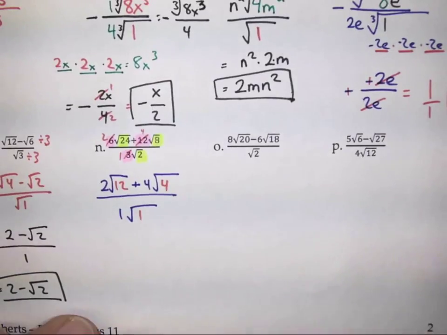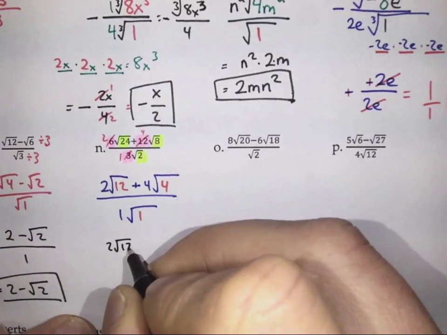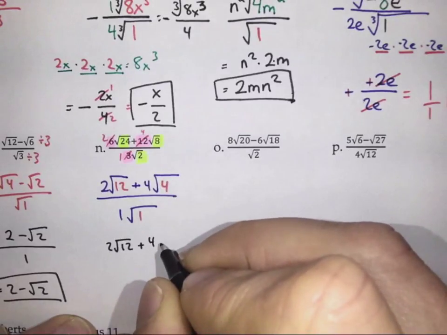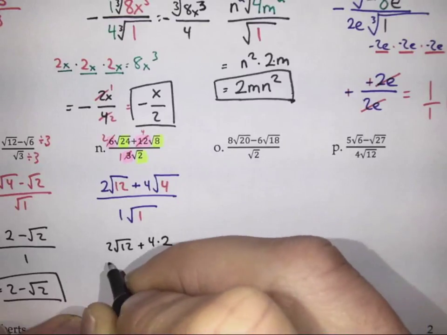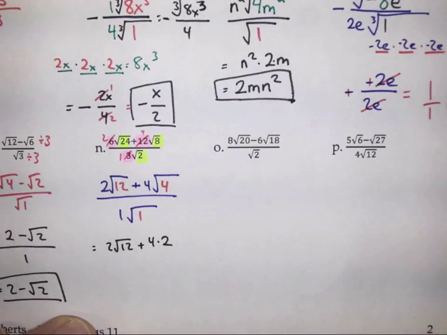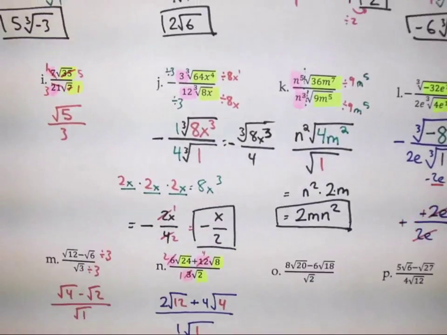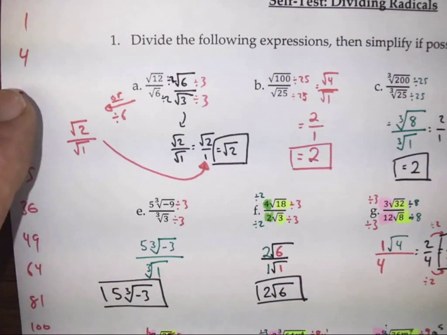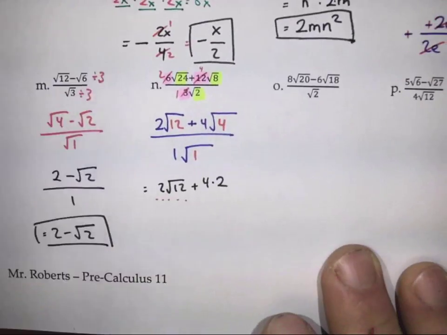Okay, so I get 2 root 12 plus 4 times root 2. Pardon me, root 4 actually resolves to 2. And root 1 is just 1, so I'm not going to write it. Now, that's great. Now notice 12 has a factor that is a perfect square. 4 is going to go into 12.